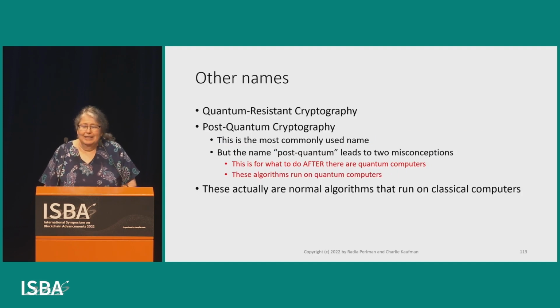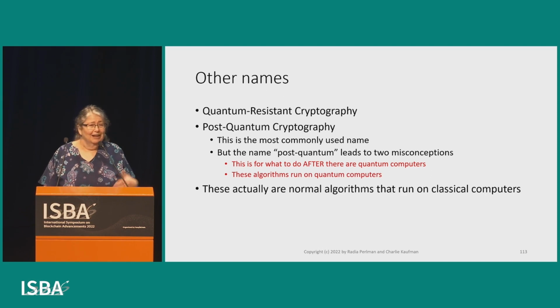So, okay, so we're going to now talk about post-quantum algorithms. Other names for it are quantum resistant, and they're actual normal algorithms that run on classical computers. They just don't depend on it being difficult to factor numbers. They are not things that Shor's algorithm would be able to break.